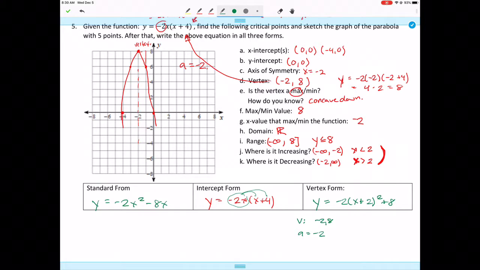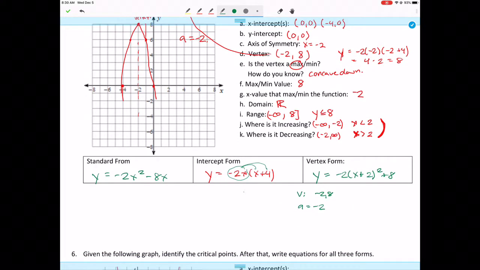So, just like I said, if you wanted to switch forms, like here we switched forms just by distributing, and then you would go this way, and you could either complete the square, or you could do x equals negative b over 2a, and then find the y value by plugging this x into the equation, and that would give us our vertex, the x comma y, from these two, okay?